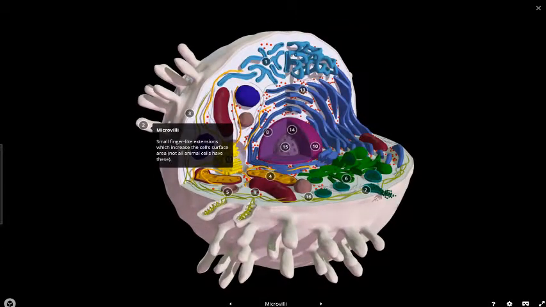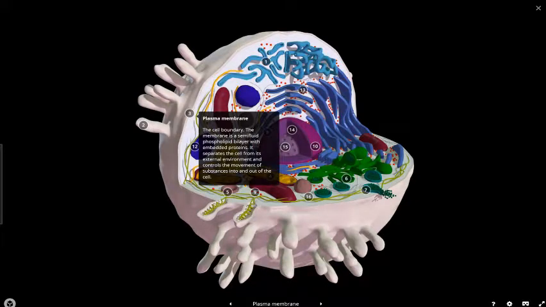You'll also look at these extrusions, which aren't universal in animal cells, but they're known as microvilli, which increase surface area, but not all animal cells actually have these.